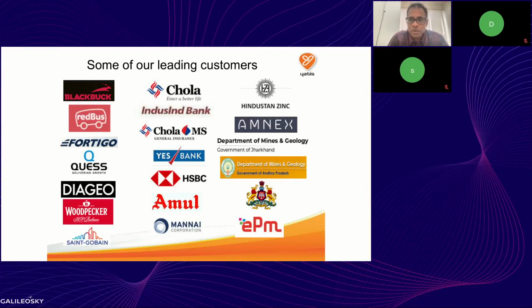We also worked with a bunch of fintech players like Cholamandalam and IndusInd Bank, where we provide tracking solutions for UBI purposes and for vehicles that were funded by these banks. We've also worked in the mining sector with Hindustan Zinc, Amnex, and right now with Ultratech and ITD.